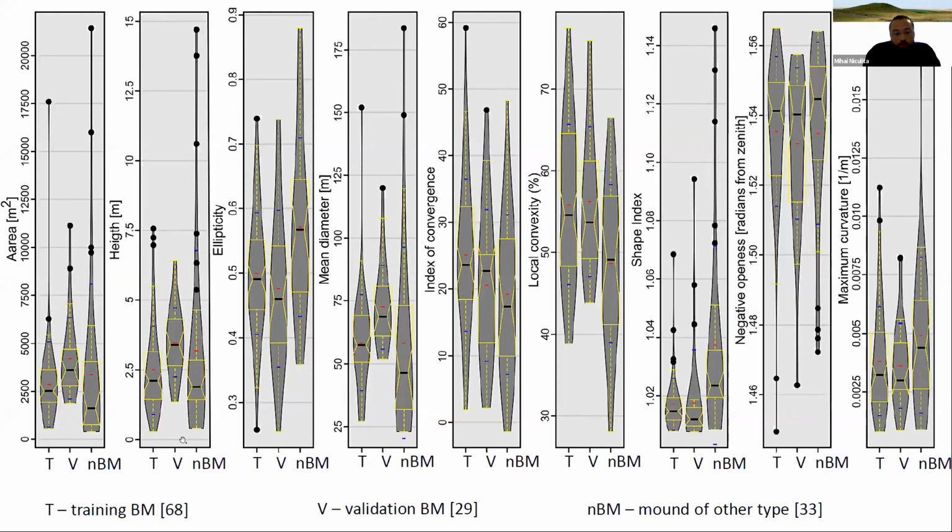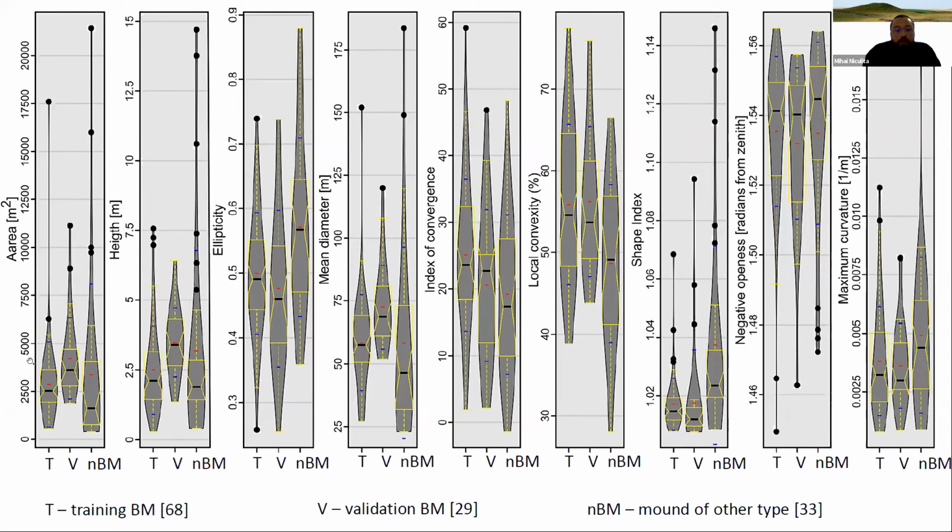Here you have the geomorphometry of the burial mounds. Basically, we wanted to see if these burial mounds have a geomorphometric signature. We have the training set, the validation set, and the other types of mounds, not burial mounds or not kurgans.